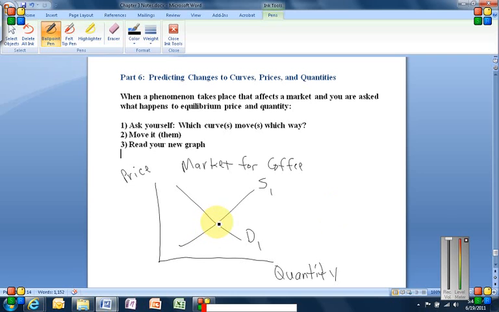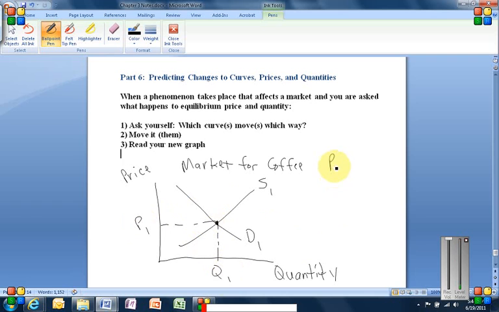Let's continue, and let's put an equilibrium point in the middle, and this dot will correspond with a dotted line down to the quantity axis that shows an equilibrium point of Q sub 1, and then a dotted line along the left hand side corresponds to an equilibrium price sub 1, where the two sides are meeting.